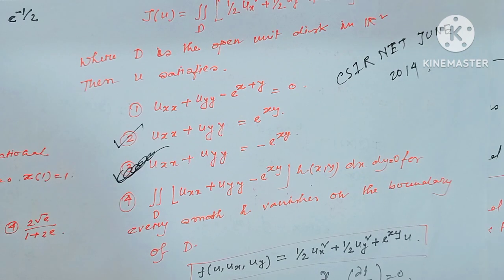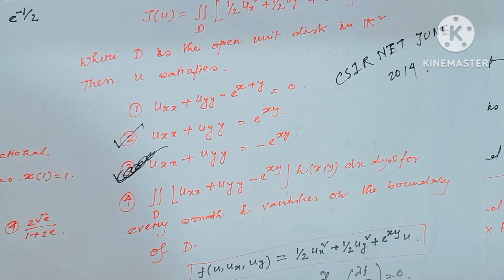Fourth option implies the double integral of (u_xx plus u_yy minus e^(xy)) times h(x,y) dx dy equal to 0.